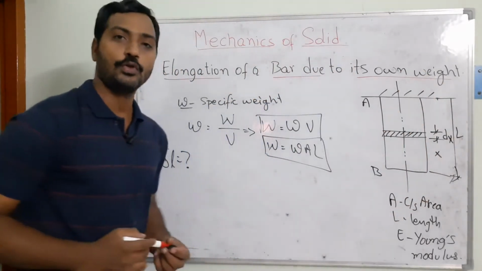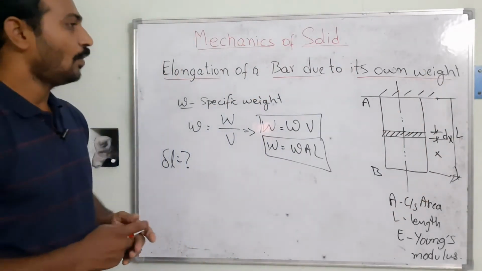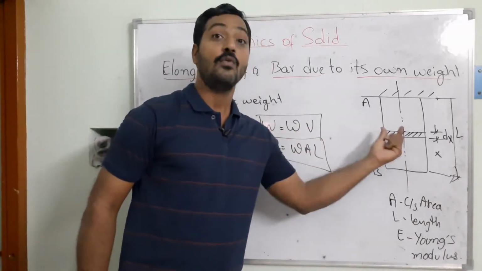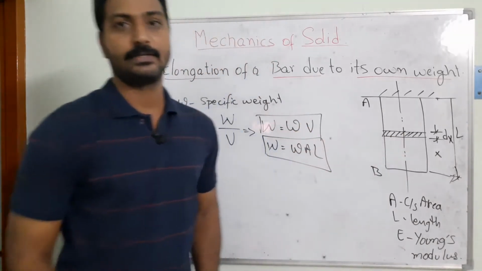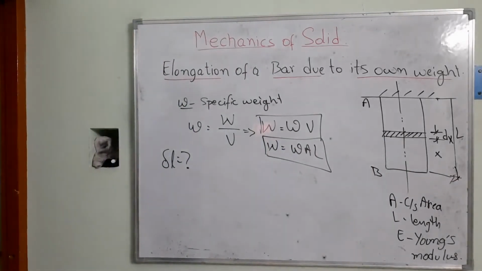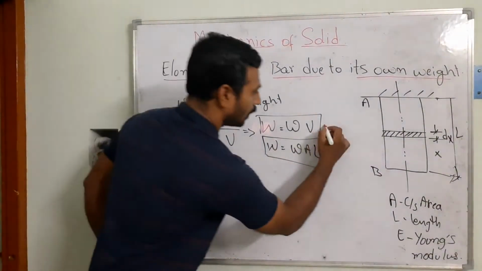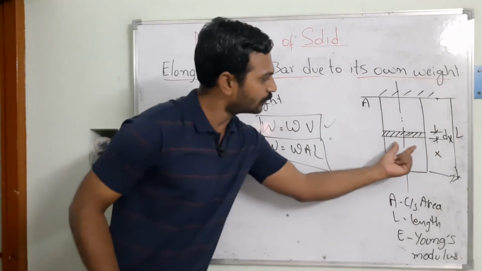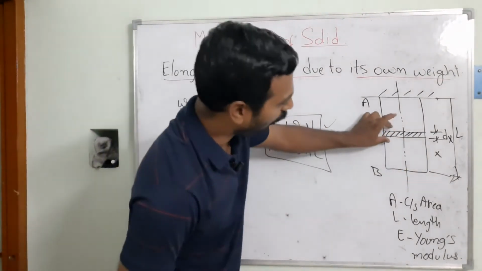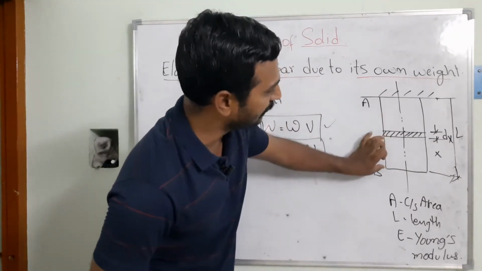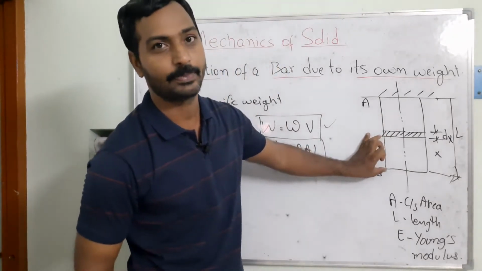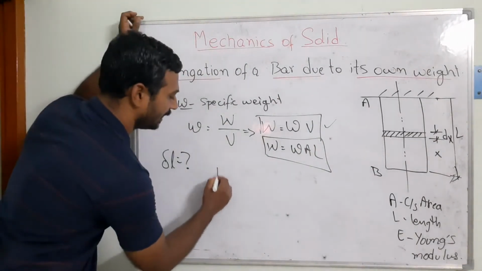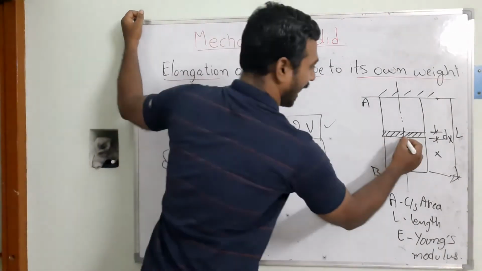So how could you find out the weight of this member we need to consider? We have taken the total self weight of the system, but now we need to find out the self weight relevant to the elemental strip, because its elongation is because of the length of material above it. Suppose Px is the load acting from here.